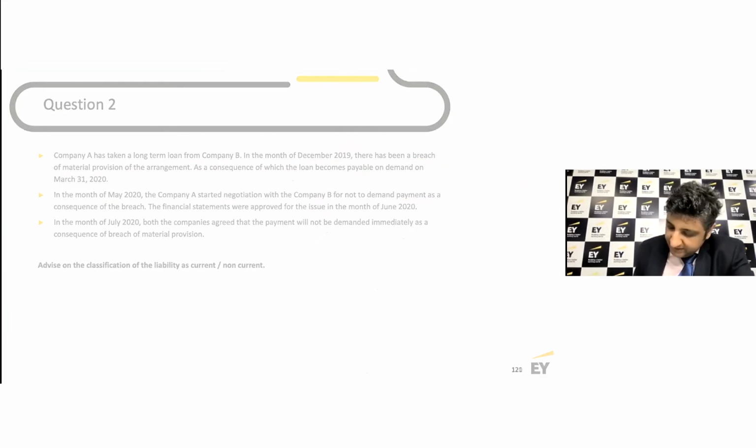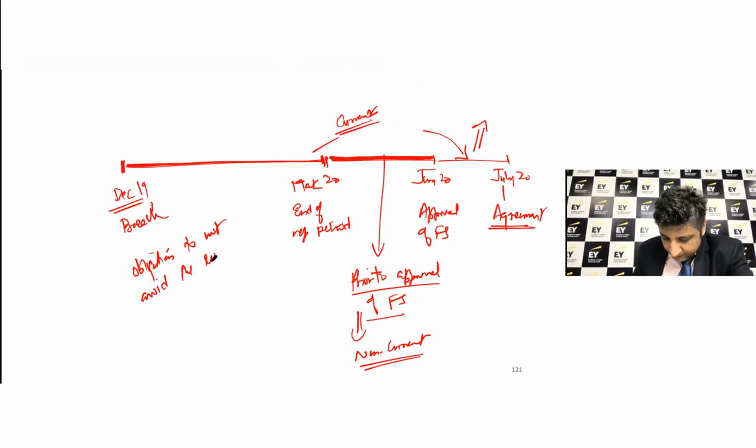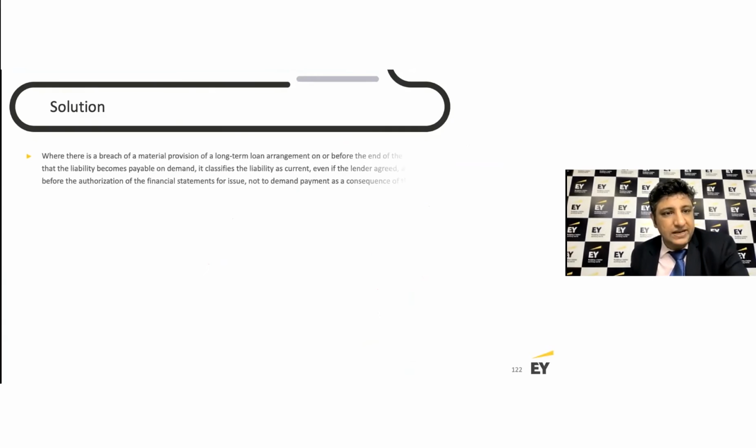Which actually means that there is practically no realistic possibility, and company A is under an obligation to not avoid the repayment, right?